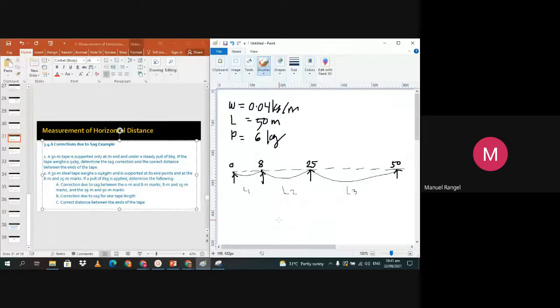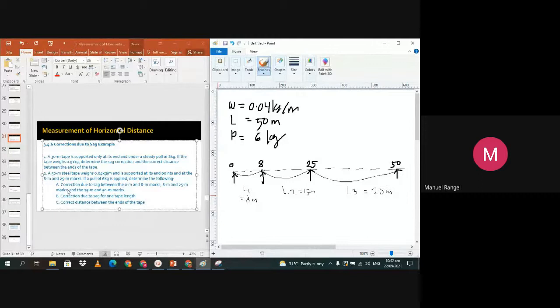So total L is 50. L1 is equal to 8 meters, then 8 to 25, that is 17 meters. And L3 is 25 to 50, which is 25 meters. Okay.